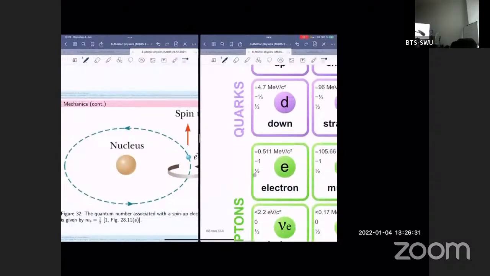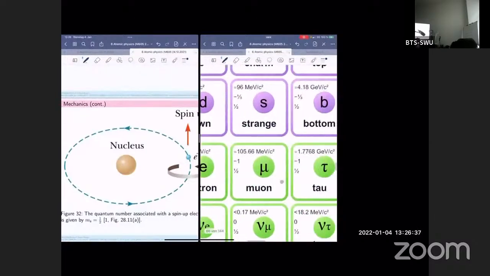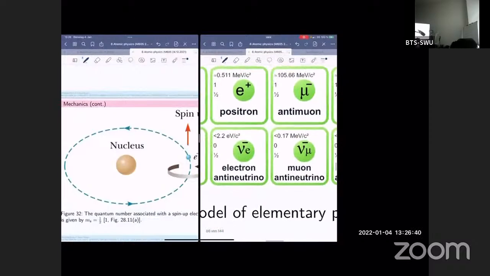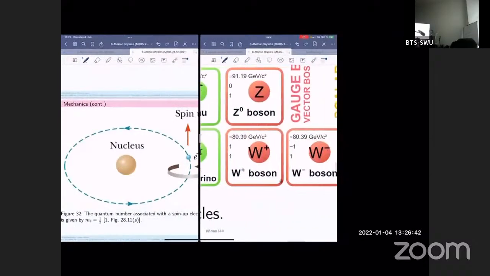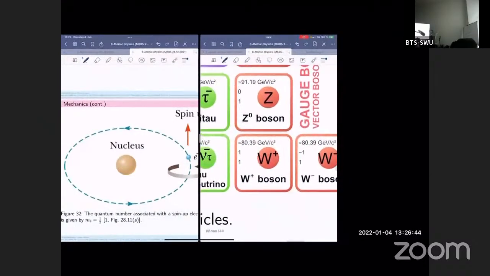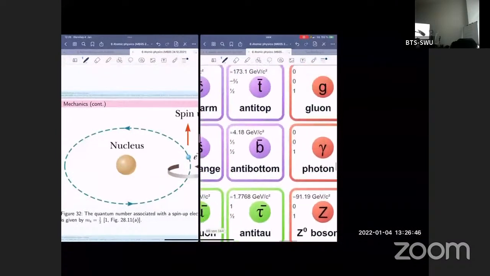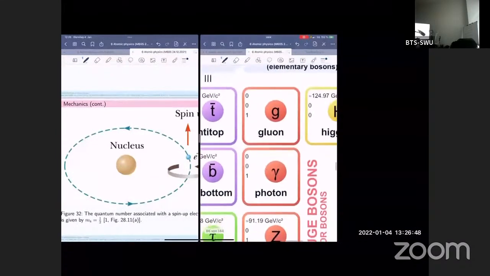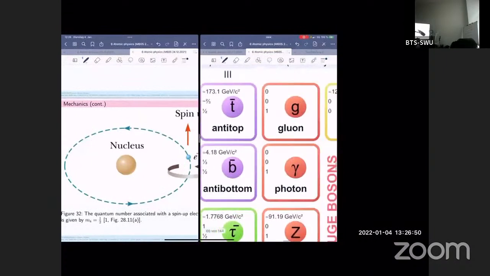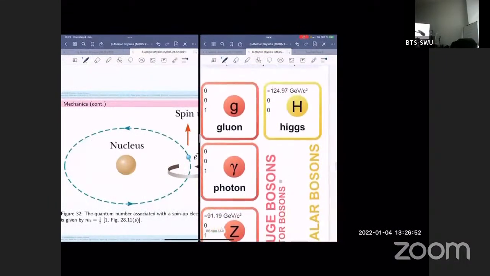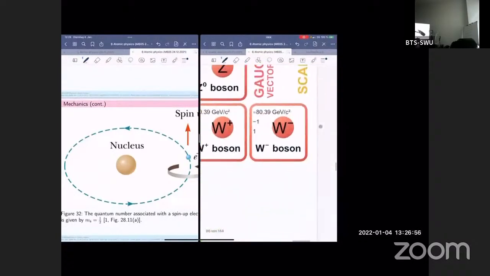Even the electron has the 1/2 spin number, and many elementary particles also have spin number 1/2. Photon has spin number 1. Higgs boson has no spin number at all, and so on.